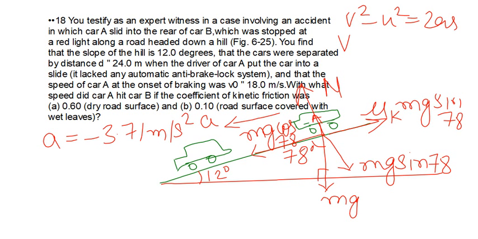We need to find with what speed car A hits car B as the final velocity, and u we already know that is 18 meter per second, so it becomes 18 square plus 2 times, and acceleration here is basically a deceleration, so it's minus 3.71, times s is 24 meter. They are separated by 24 meter of distance, so v comes out to be 12.1 meter per second.